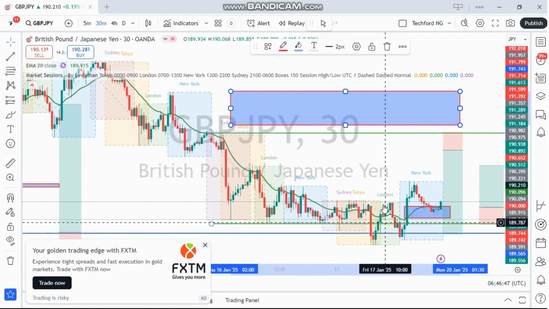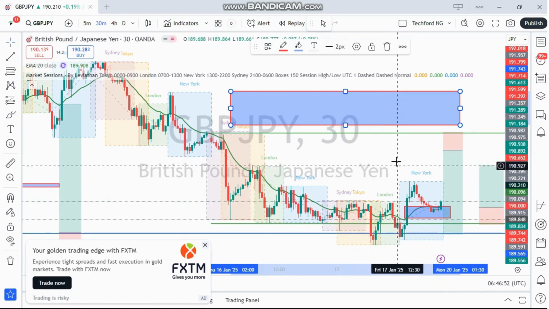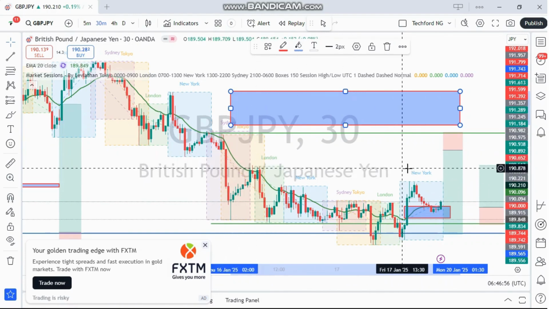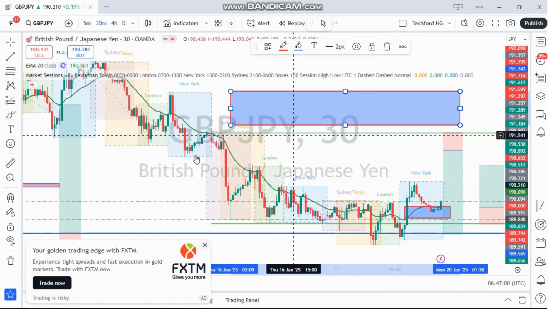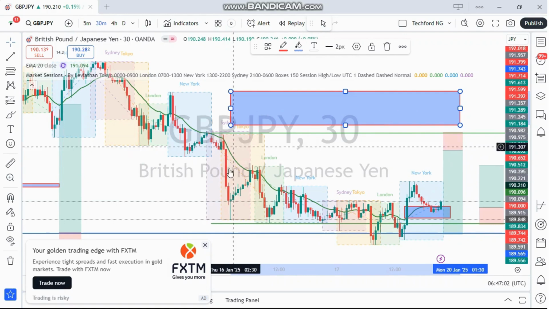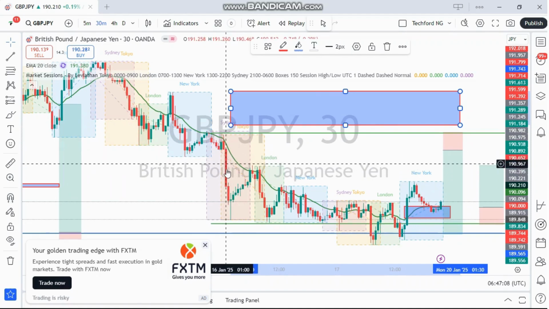Market started going down, and market is now going back to this particular region here. This is a region of liquidity because there are unfilled orders here, so market must come back to tap on these unfilled orders.